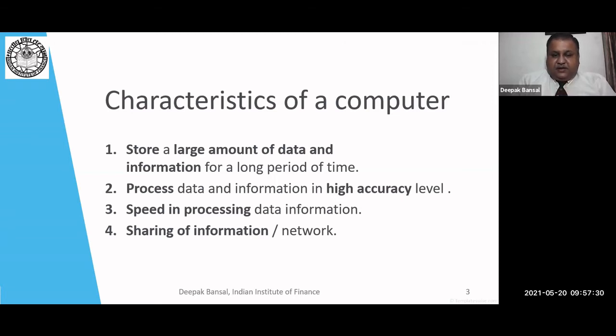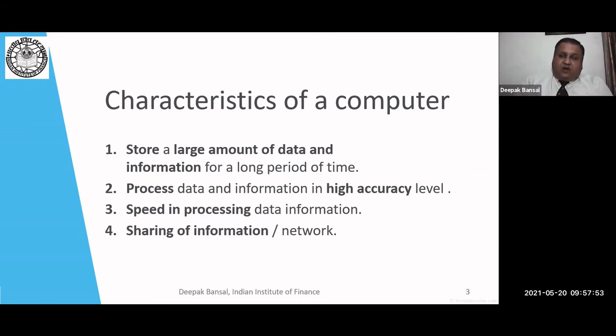Now, speed in processing: as I just told you, a computer can perform billions of calculations much faster than a human can. Once the information is provided, it should be able to process that information very fast. And obviously, sharing of information.